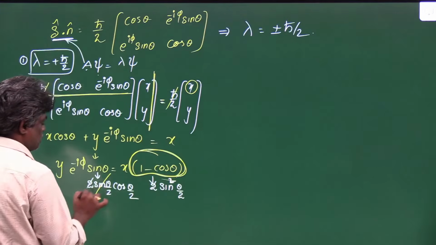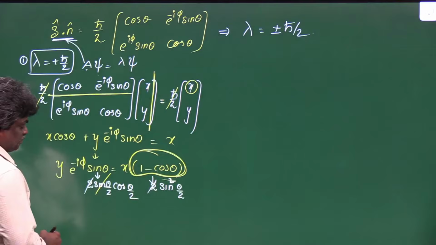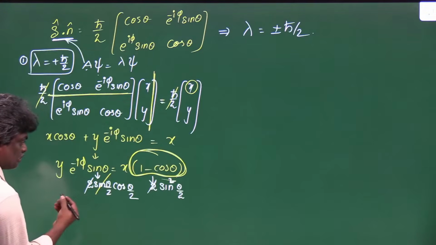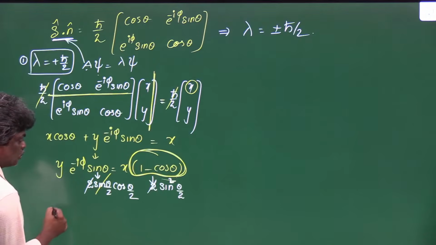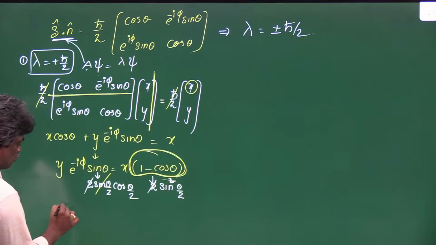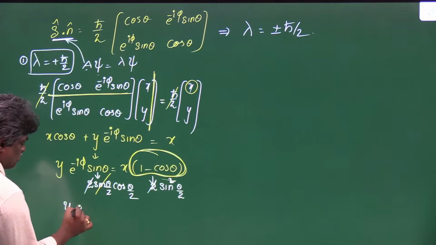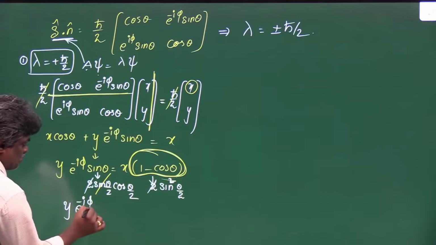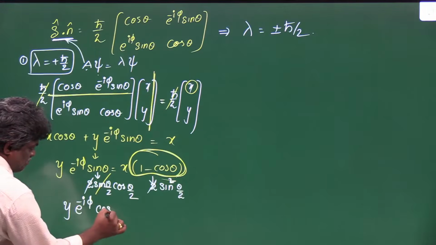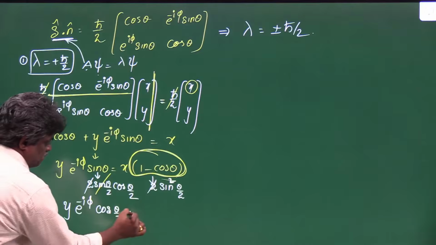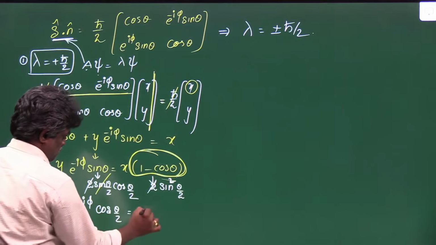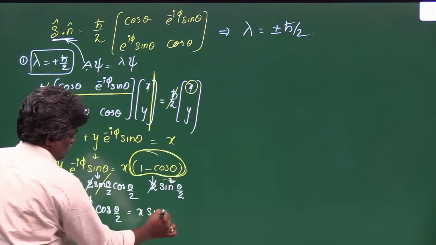We discussed it yesterday in class, I think. It becomes 2x sin square theta by 2, so the sin terms cancel, the 2 cancels. Right. So y into e to the power of minus i phi cos theta by 2 is equal to x into sin theta by 2.